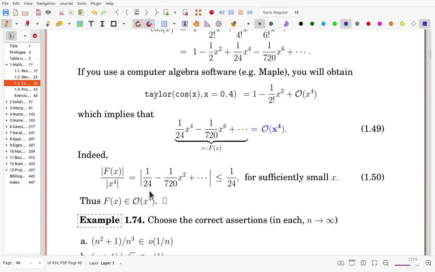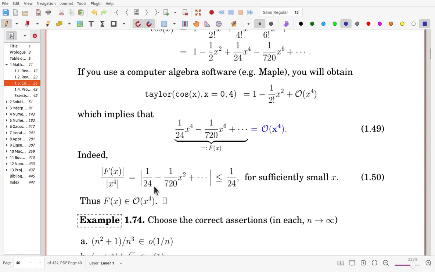This is an alternating series, with a positive term, a negative term, and so on. Once x is small, around 0, these terms are decreasing and alternating.